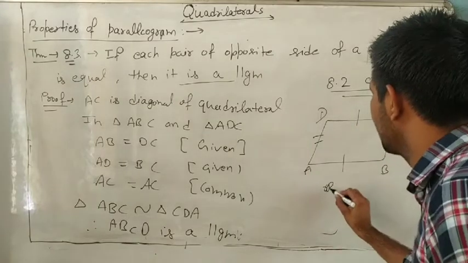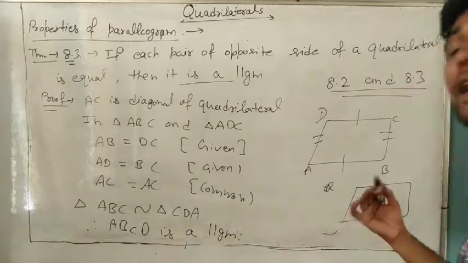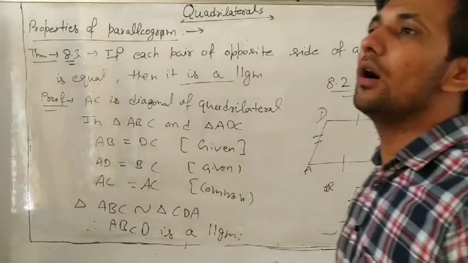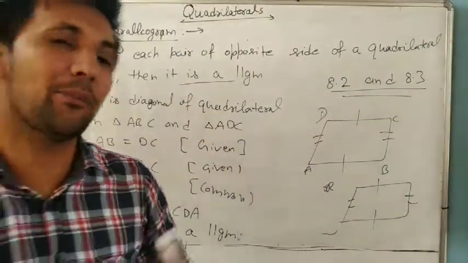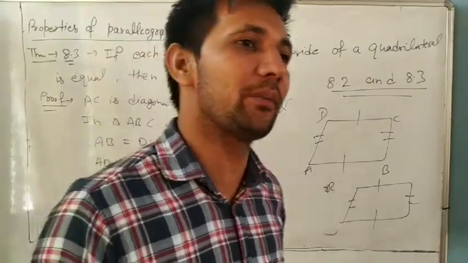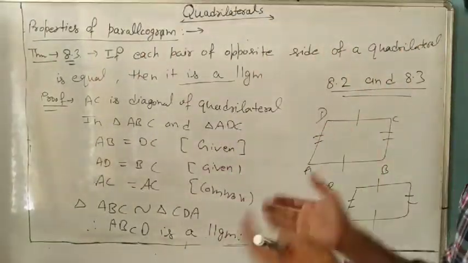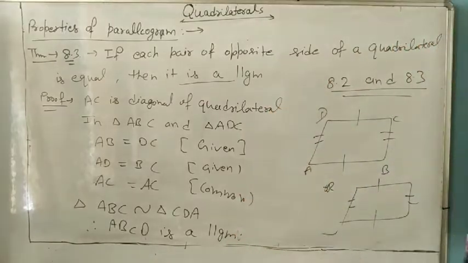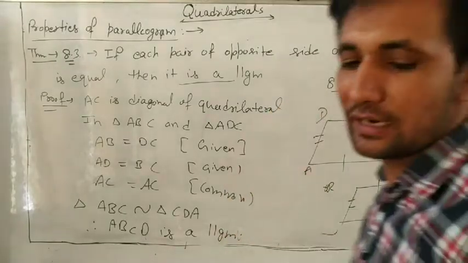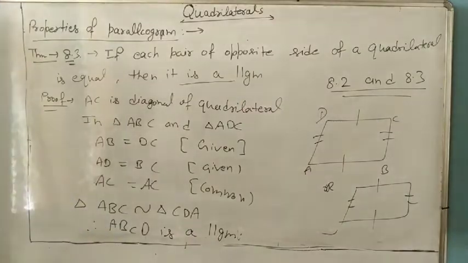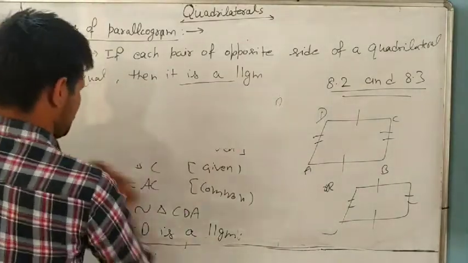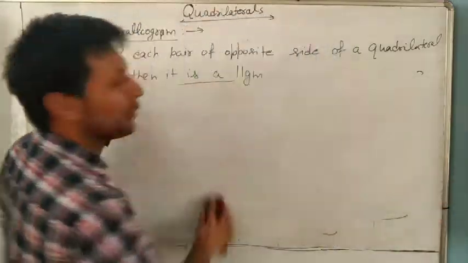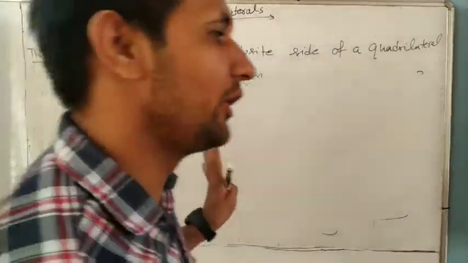In 8.3, if in any quadrilateral opposite sides are equal, then it is a parallelogram. So both are the opposite of each other. If opposite sides are equal, then it is a parallelogram. If ABCD is a parallelogram, then opposite sides are equal. So always remember this one. You only have to remember these properties. No need for their proof.